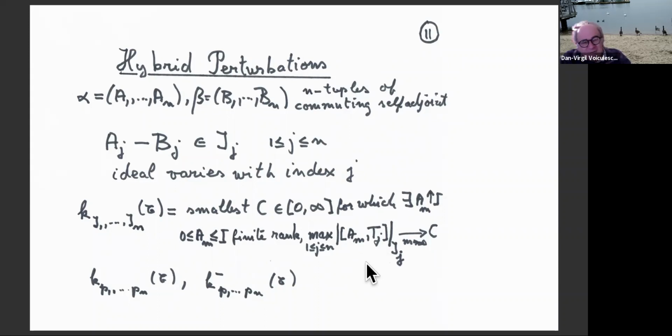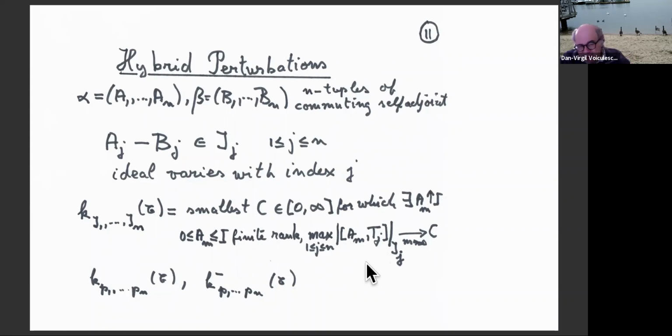So alpha_j minus beta_j is in an ideal I_j, where I_j varies with the index j. And then, of course, I have this quasi-central modulus, which is not K_I of tau, but K_{I_1,...,I_n} of tau.